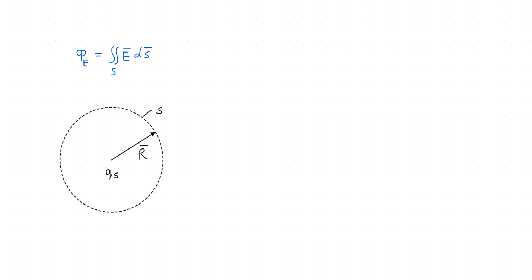And from our previous lecture, you know that the electrostatic field intensity in this case is equal to 1 divided by 4π epsilon 0, multiplied by Qs, absolute value, not vector, divided by r to the power of 2.